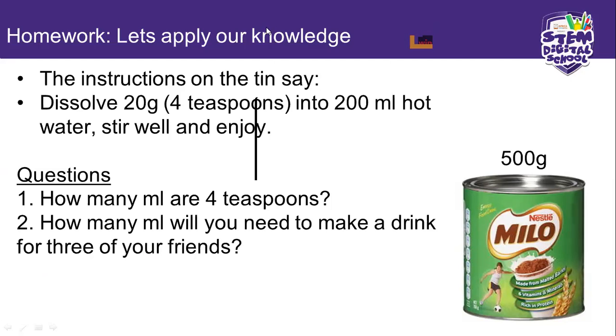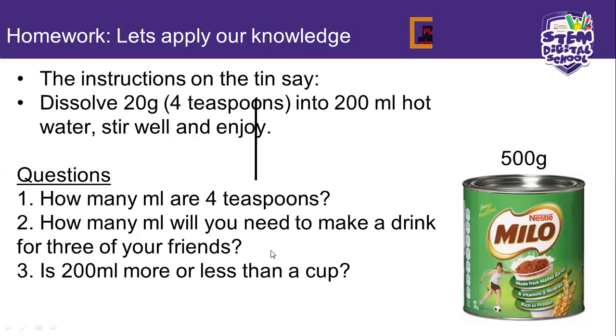They say for 1 cup, you need 4 teaspoons. Okay? And how many teaspoons will you need? And remember, those teaspoons, we convert them to milliliters. Okay? So how many milliliters will you need for your 3 friends?